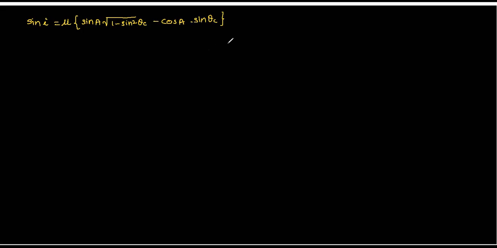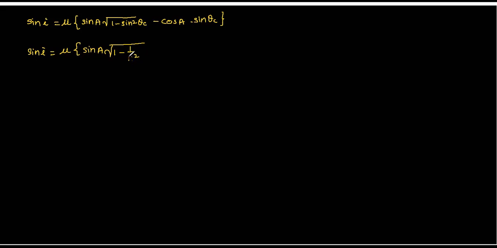Now, so what can we substitute? Let's see. This sine I is equal to mu as it is. Sine A we are having, so I am keeping sine A as it is. Sine A under root. Can I keep 1 minus 1 by mu square here? Why can I keep like that? Because I have denoted refractive index by mu, so no need of this n.